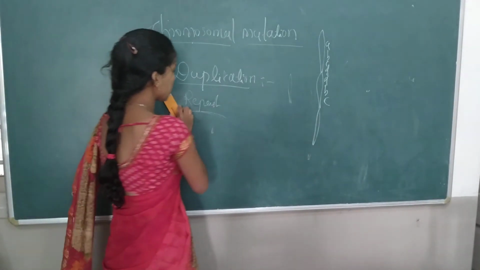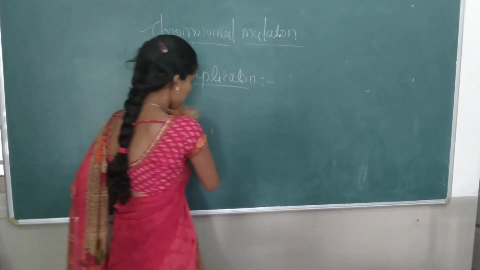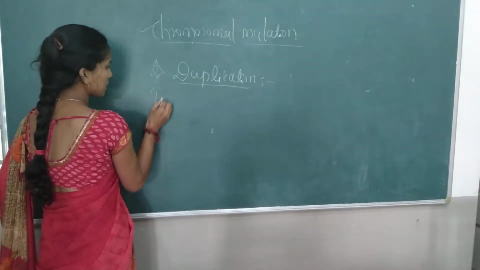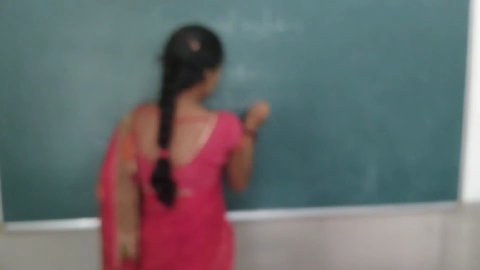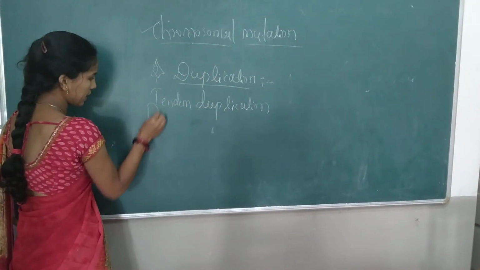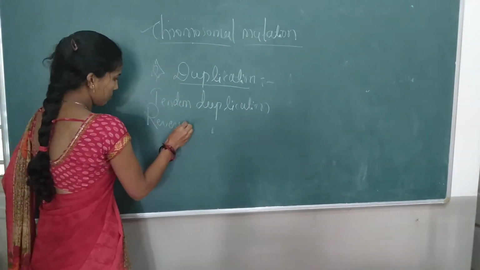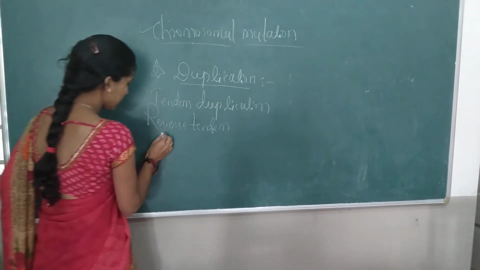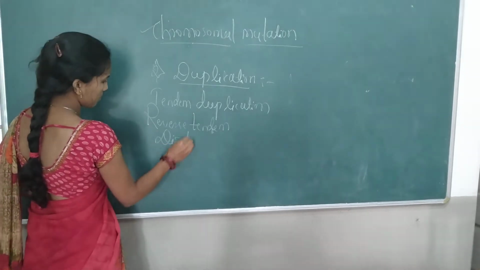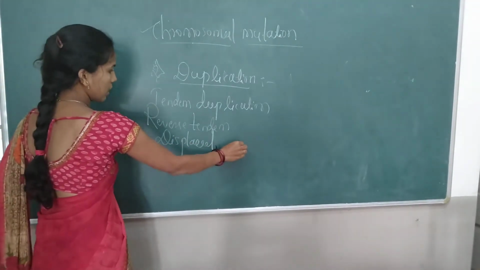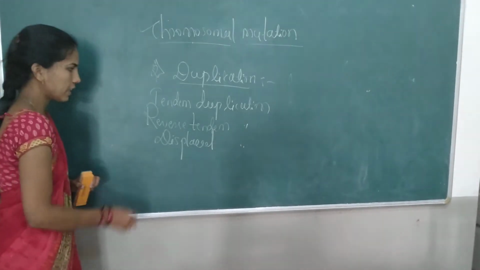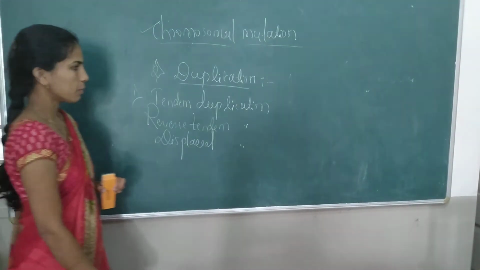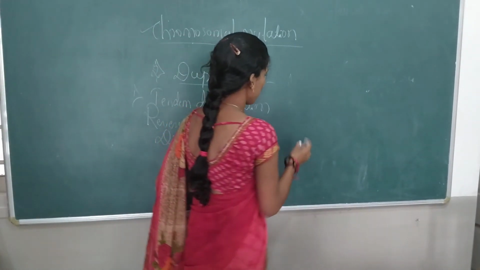In the case of duplication, there are again different types. The first type is the tandem duplication. Then the second is the reverse tandem duplication. Third is the displaced duplication. Okay, three types of duplication. Tandem duplication means the presence of the same copy of the genes.